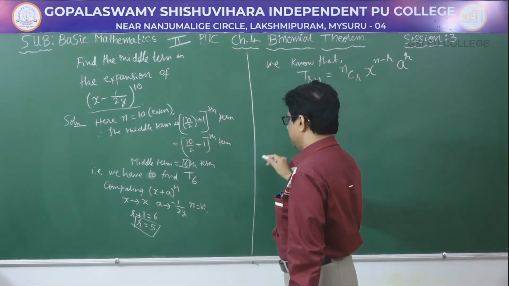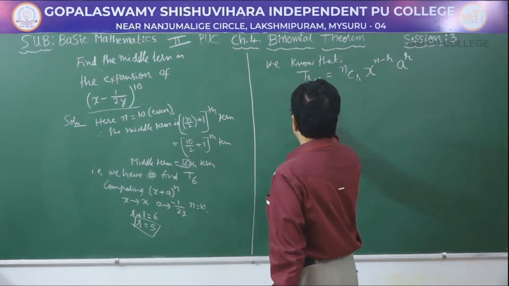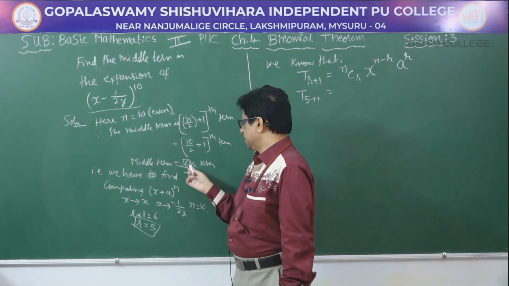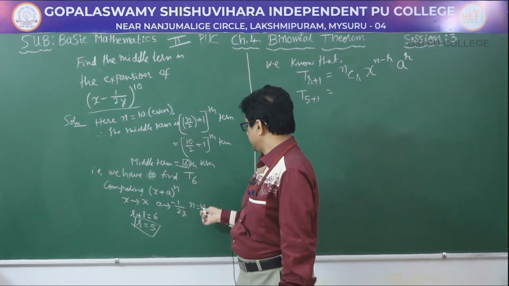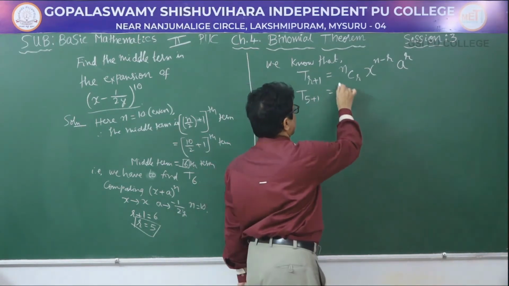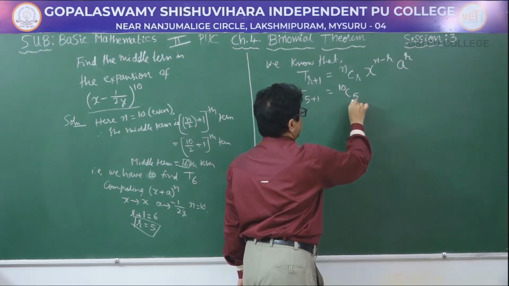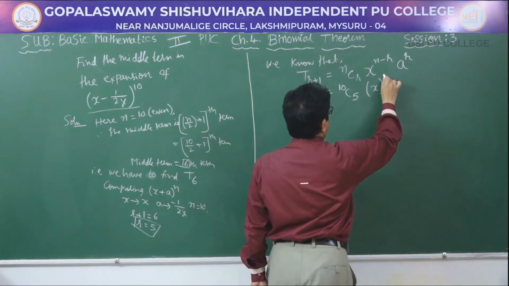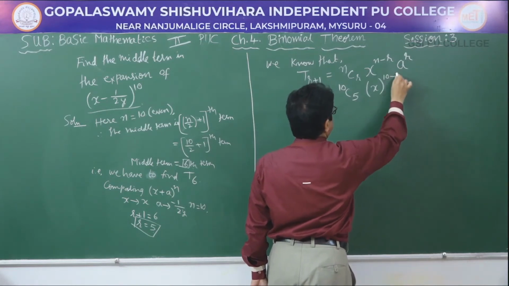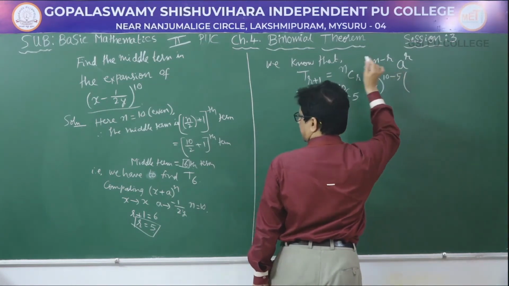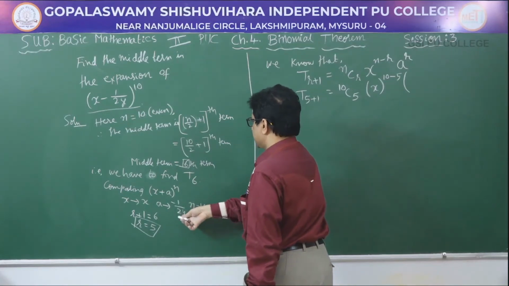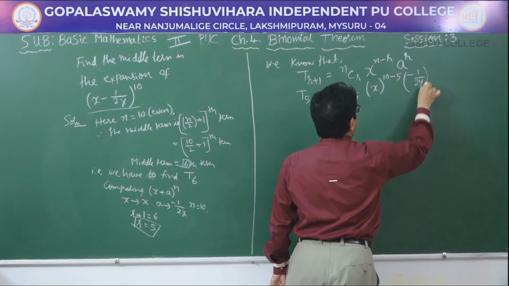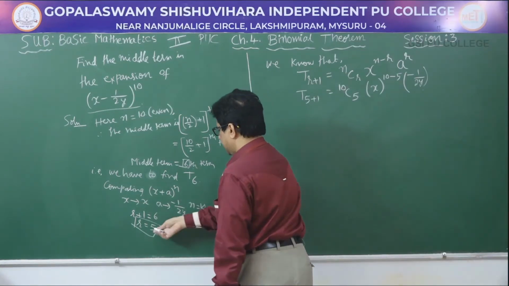So, we have r is 5, so 5 plus 1 is equal to, n is 10. So, it is 10C5 into x is x itself and 10 minus r is 5, into a, so a is minus 1/(2y) whole power r is 5.